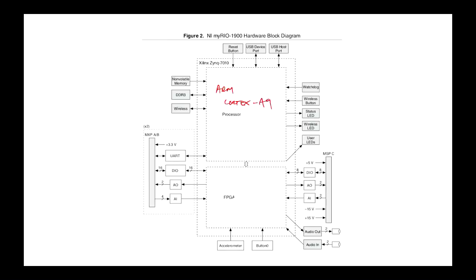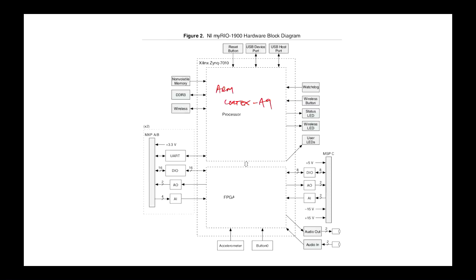What that does is run an operating system. It's got a full-blown little operating system on there, so it's quite an advanced processor. It's got Linux on there basically, and it has real-time operating extensions.